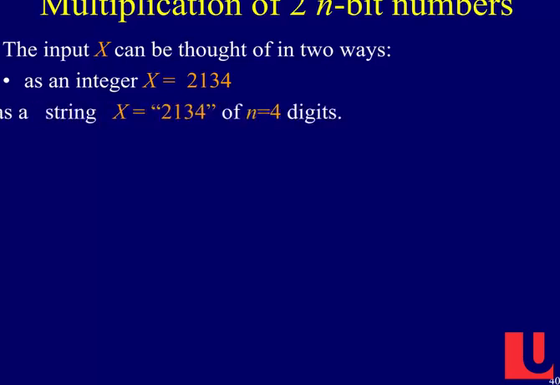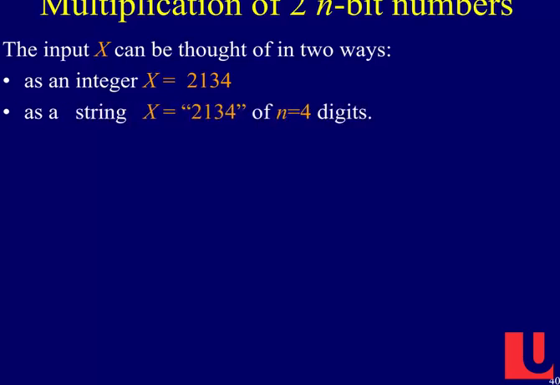But in reality, we're only going to do this algorithm when the integer is so big that it doesn't fit in the computer. So how is it stored? It's stored as a sequence of digits. So really the input is a string of characters, four characters in this case. But we're thinking about it as an integer.